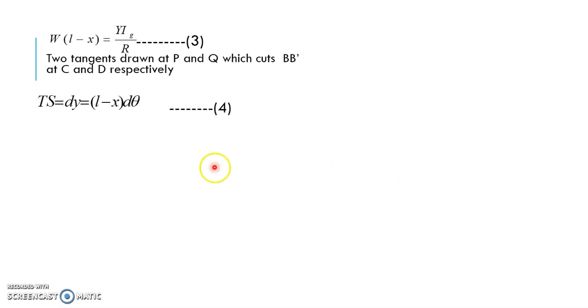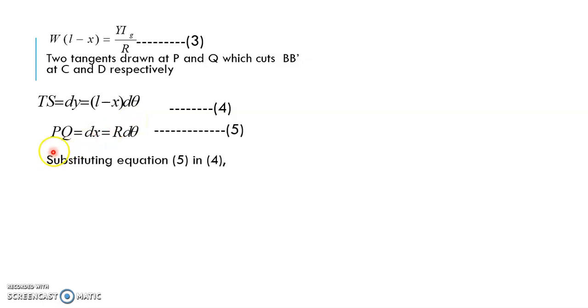Therefore, dy is equal to L minus x into d theta. The angle is d theta and the remaining portion is L minus x. Therefore, dy is equal to L minus x times d theta. That is equation 4.